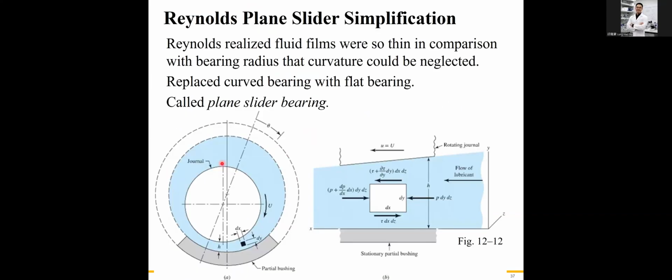So let's look at some fluid mechanics. If you have already taken the fluid mechanics course, I will just briefly introduce it. If we look into the film with an infinitesimal element, dx dy, the 2D element. The top of it is a rotating journal, and the bottom of it is a stationary partial bushing.